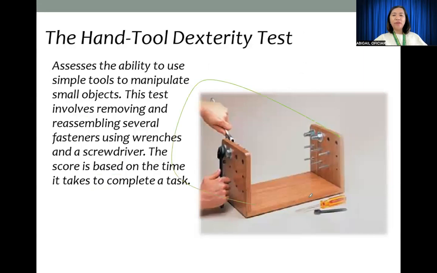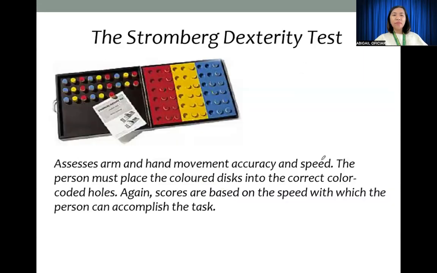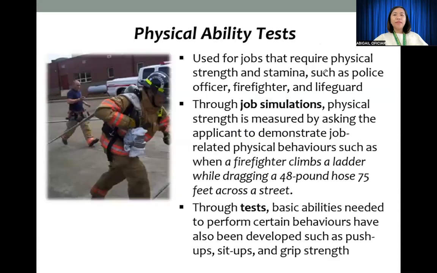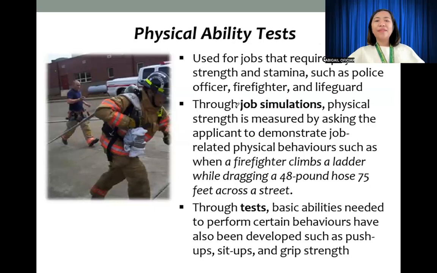Ito. Okay. Another is this one. Okay. We also conduct physical ability tests. Of course, depende sa trabaho ulit. So, sa mga bombero, applicable to. Nagkakaroon tayo ng job simulations. Sinisimulate nila yung trabaho. Kagaya niyan. Kunyari, meron siyang papatayin na sunog.